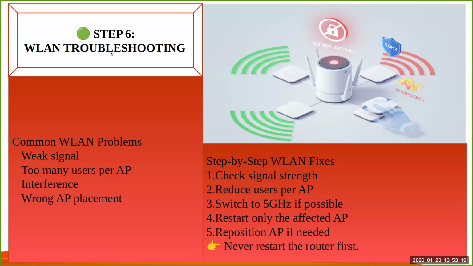Then step 6, WLAN troubleshooting. Common wireless LAN problems: weak signals, too many users per AP, interference, wrong AP placement.